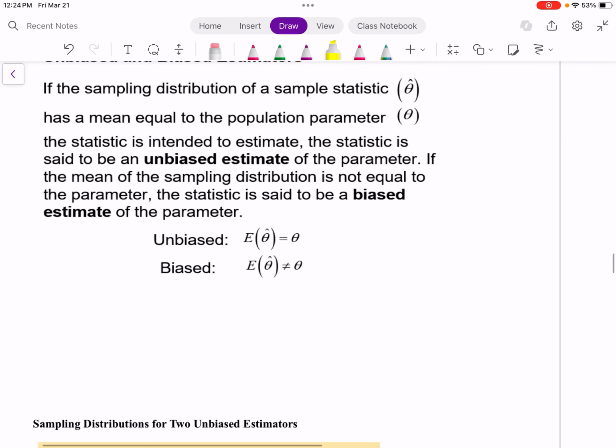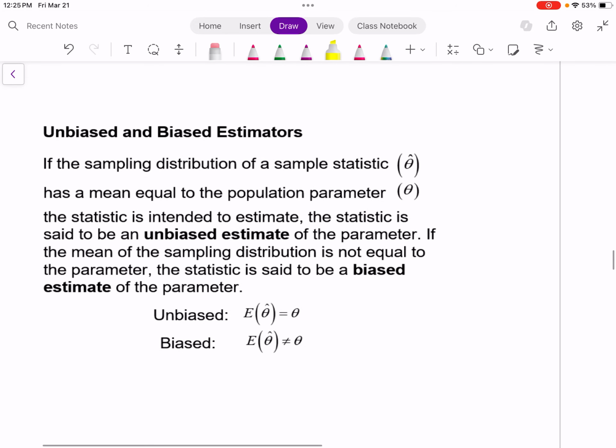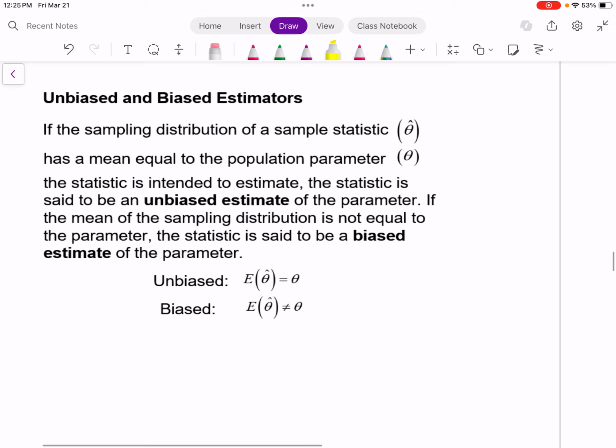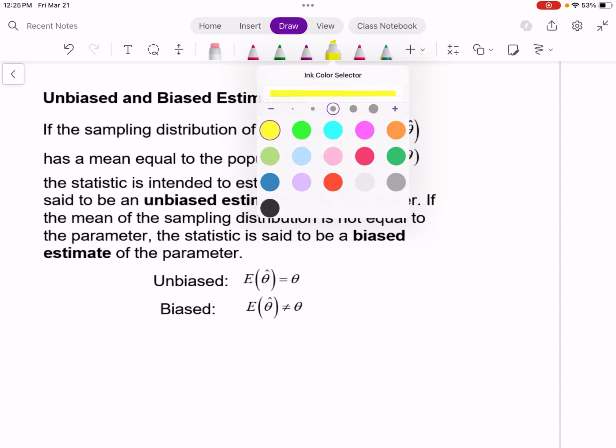Now, estimators can be unbiased or biased.